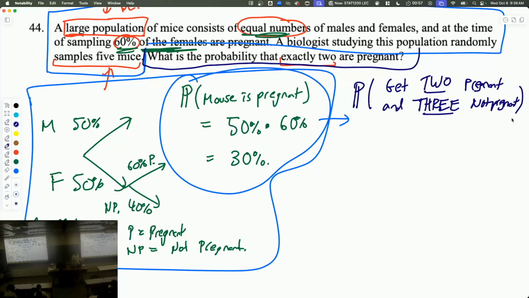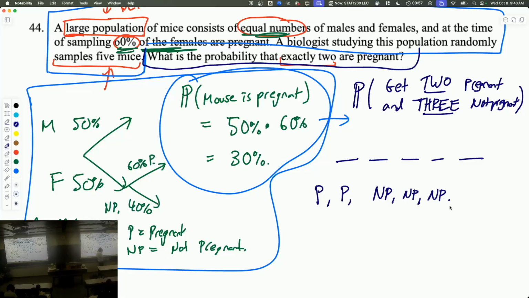So the way I think about it, I really like Scrabble words, as you guys know. We are working with letters or words of length 5, and we have 5 blanks. And we have 2 letters that say P on them, and we have 3 letters that say NP on them, right? NP, NP. And we need to come up with a bundle of mice so that the 2 P's are there and the 3 NP's are there.